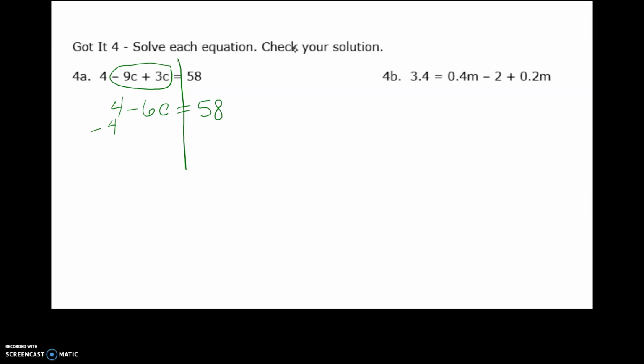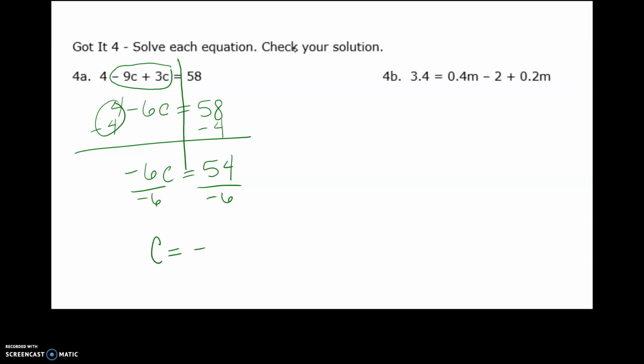Then worry about subtracting the 4. So I have negative 6c equals 54. Divide by the negative 6. I get negative 9. When you go to check your solution, make sure you go back to the original, plug it in.